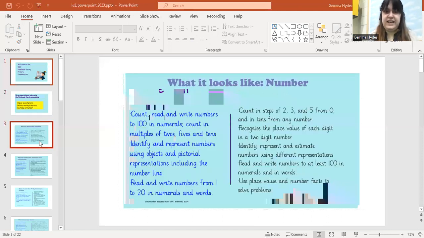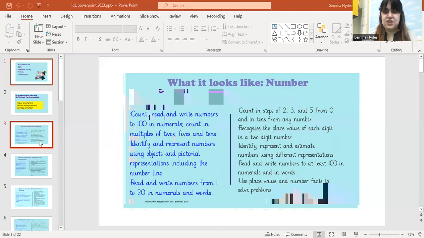So on the screen here, I have put the objectives for year 1 on the left and year 2 on the right. And I'm just going to let you read them because there's quite a lot there. But as you can see, as you're reading through, year 1 is very much learning numbers up to 20 at first, and then slowly they build up to 50 and then 100.